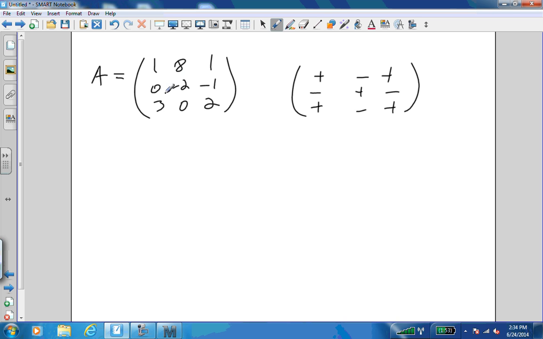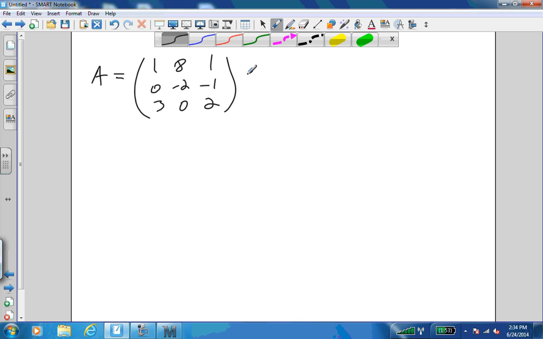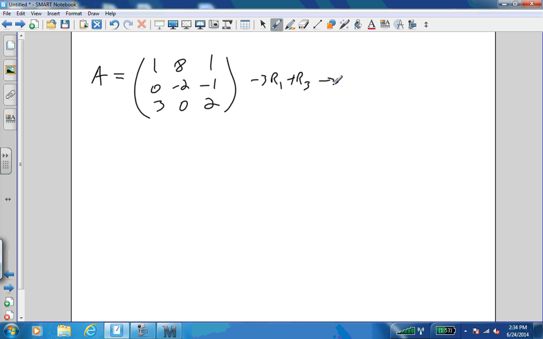Let's see, if we could get, it doesn't matter, let's do this one by row reduction. So let's do minus 3, row 1, plus row 3 to give us our new row 3. So 1, 8, 1, 0, negative 2, negative 1.